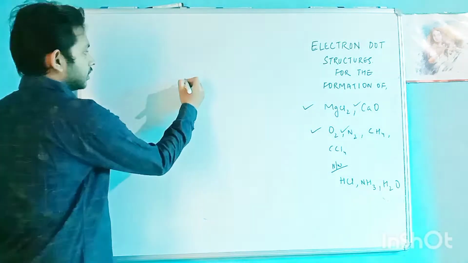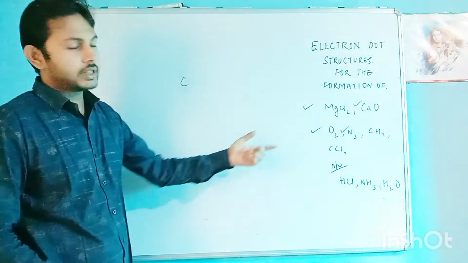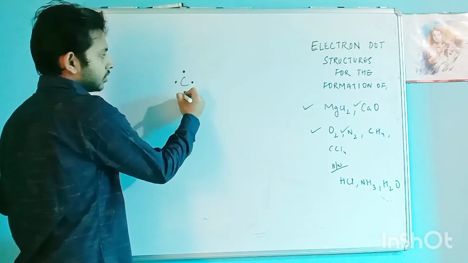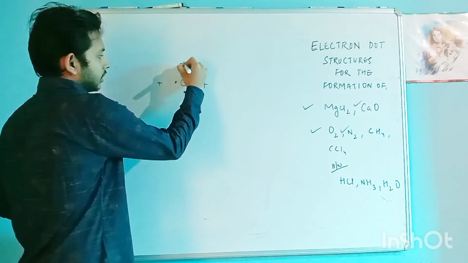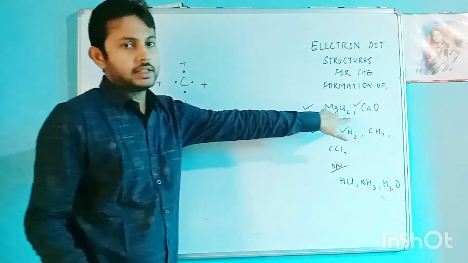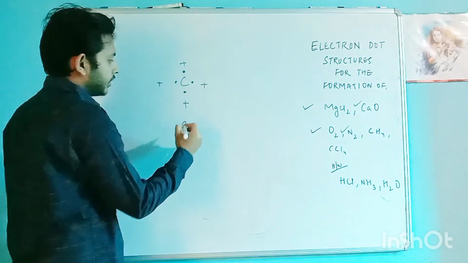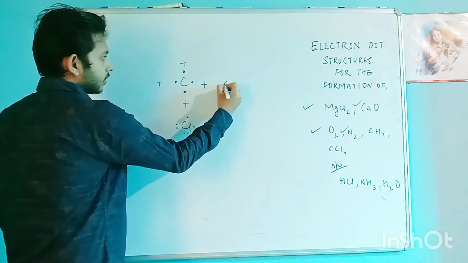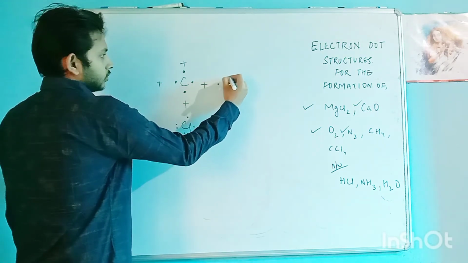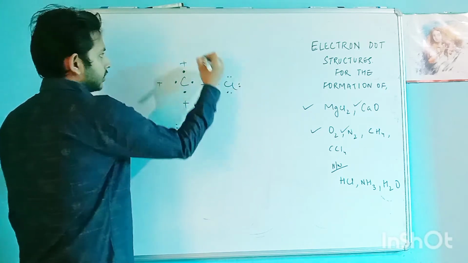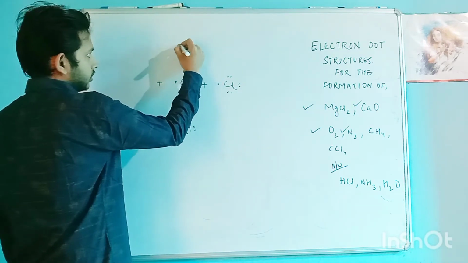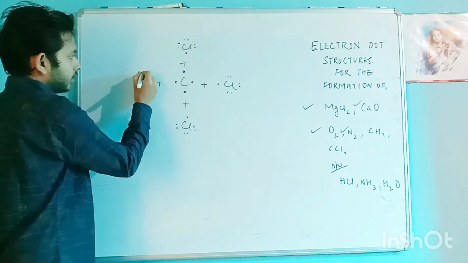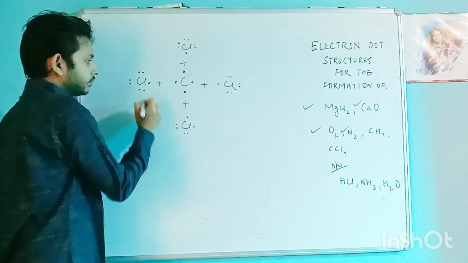Again, for carbon, I am not writing the electronic configuration. In its valence shell, it will have 4 electrons. And chlorine, I had taught you in magnesium chloride, it will have 7 electrons in the valence shell. 1, 2, 3, 4, 5, 6, 7 for each chlorine.